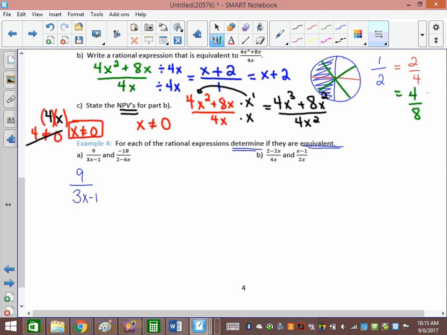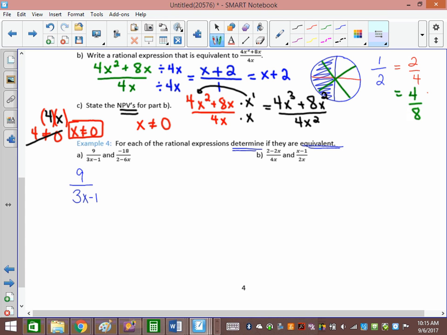So I'm going to compare the monomial to the monomial. So what does that mean? I'm going to compare the top to the top because they both have one term, monomials. Okay? Because it's easier to look at that. So this one is a 9 on the top in the numerator. And I want it to be a negative 18, so I multiply by negative 2. Now, when I multiply by negative 2 on the top, I have to remember to do it to the bottom, to the denominator as well, or else it won't be equivalent, right?